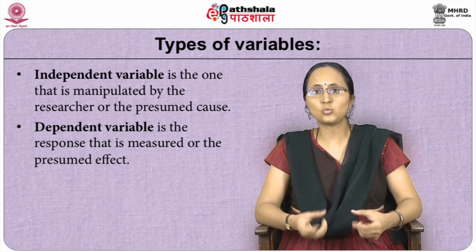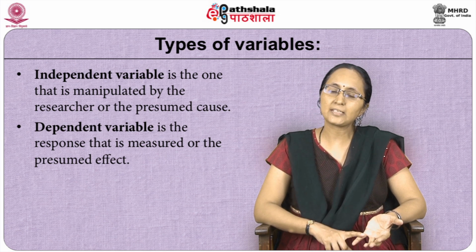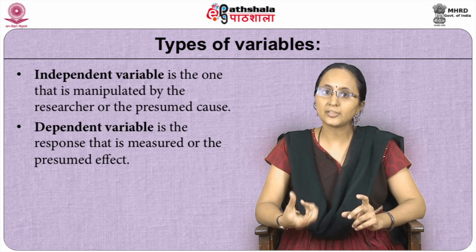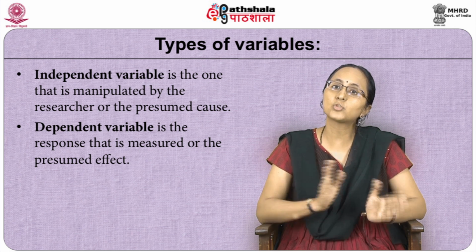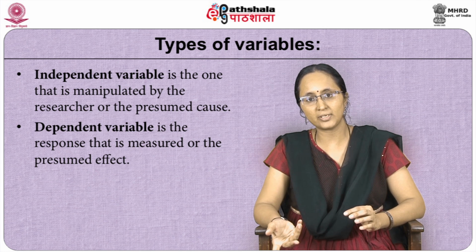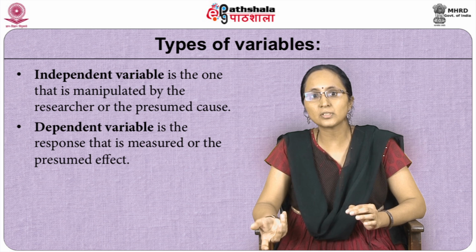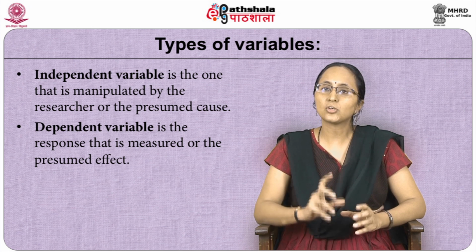Variables are of two main types. Independent variable is the one that you manipulate in the research, that is the presumed cause, and the dependent variable is the response to the cause or the presumed effect which you are measuring. For example, in a study that looks at causal effects, the independent variable is the presumed cause and the dependent variable is the presumed effect.